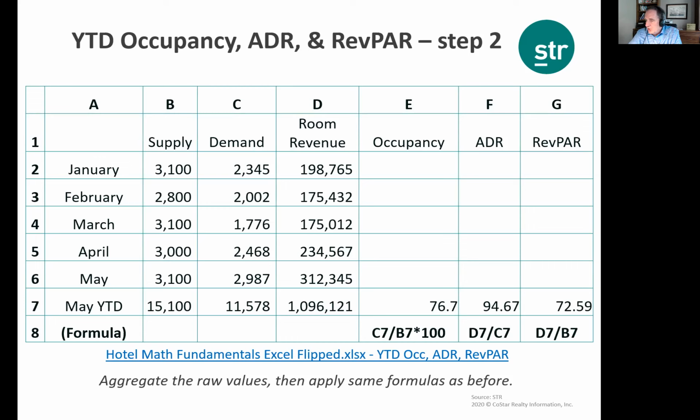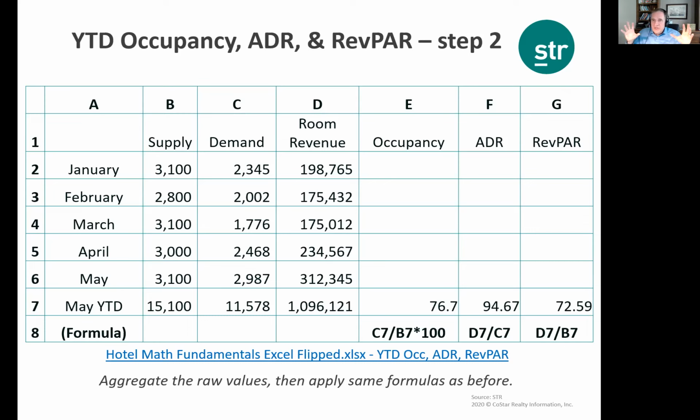And then the ADR, D7, the room revenue, divided by C7, the demand, is $94.67. And then the RevPAR formula is in column G, D7 divided by B7, the answer displayed above, 72.59. The key is you aggregate the data first, and then you apply the KPI formulas.